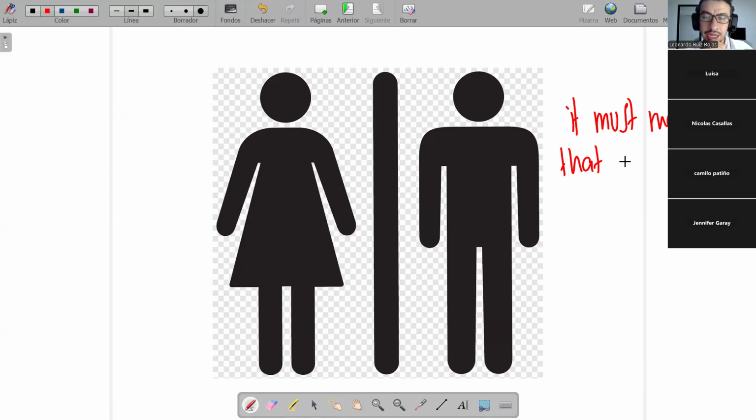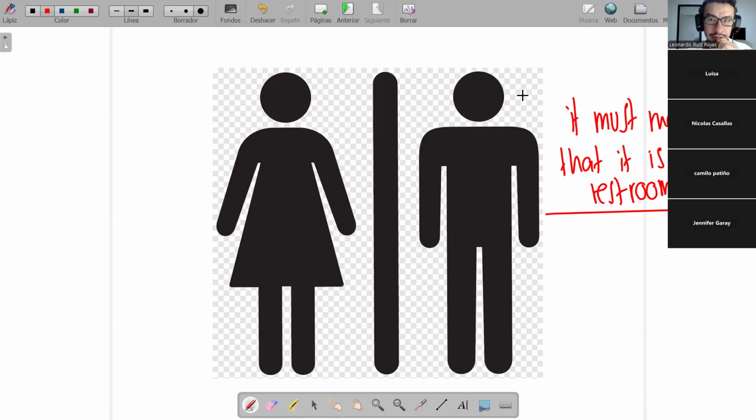So it must mean that it is a restroom. It is a restroom. Recuerden que bathroom es más como el de la casita, el que tenemos así como en centros comerciales o en lugares donde tengo este señal. Es más como un restroom. ¿Por qué? Porque no tiene realmente para bañarme. Bathroom es como el lugar donde yo me baño, ¿cierto? Sino esto es como un restroom, es decir, como un toilet. ¿Ready? Entonces, it must mean that it is a restroom.